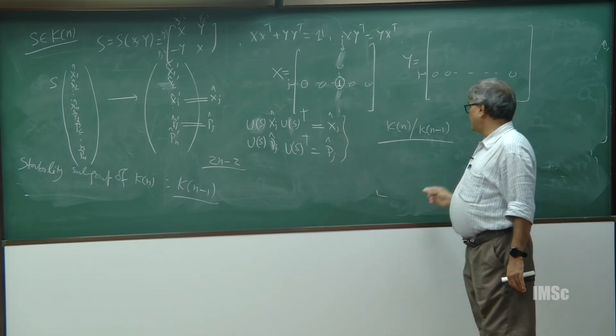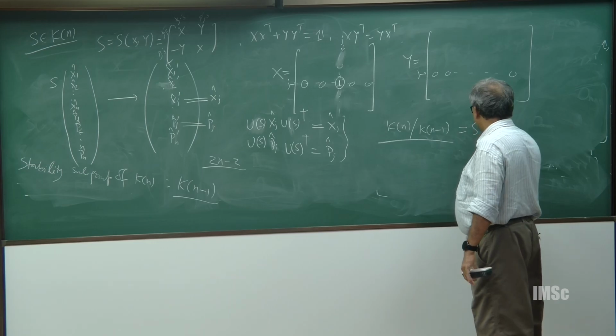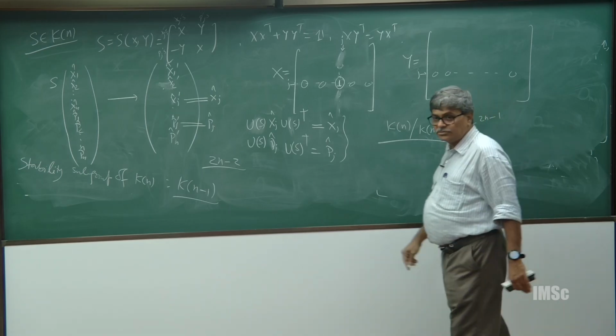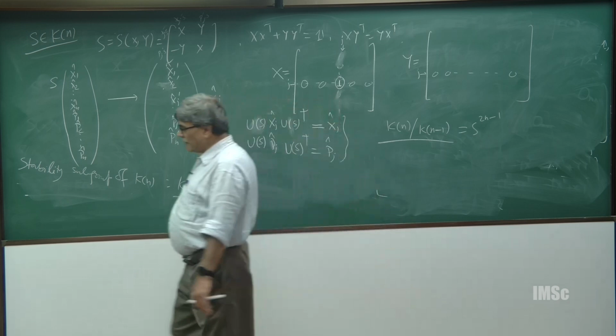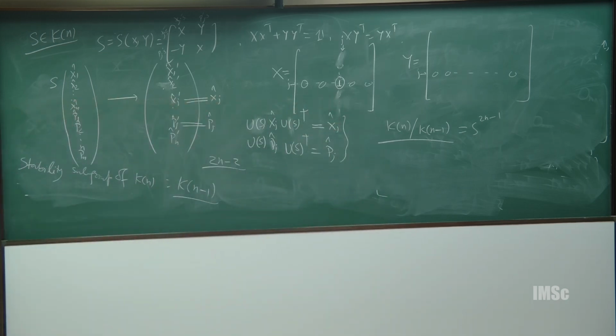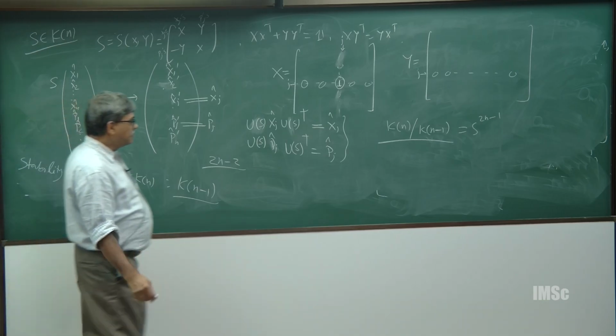So this will be actually your S 2n minus 1. So this basically tells you that you forget about those transformations from K n which will keep elements of S 2n minus 1 intact, they should not change, and the rest of the things what you take is basically this one.